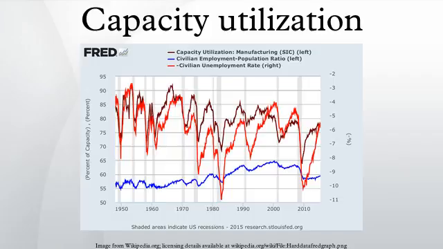Thus, a standard definition of capacity utilization is the average of the ratios between the actual output of firms to the maximum that could be produced per unit of time, with existing plant and equipment. Obviously, output could be measured in physical units or in market values, but normally it is measured in market values.